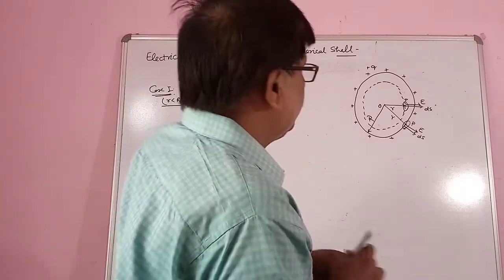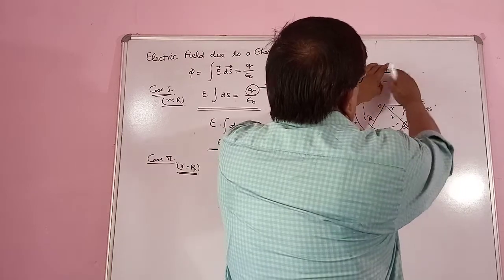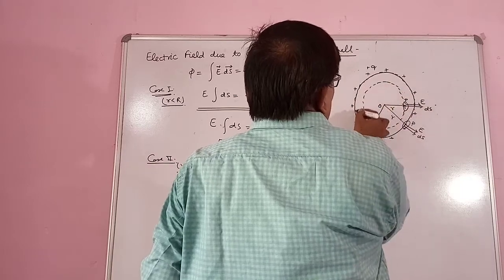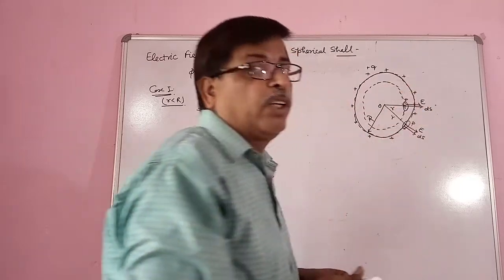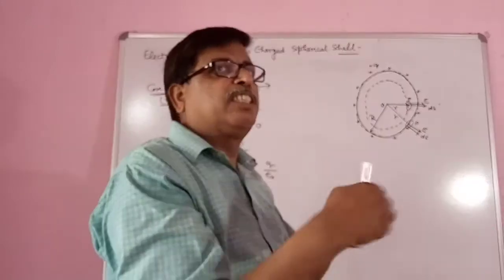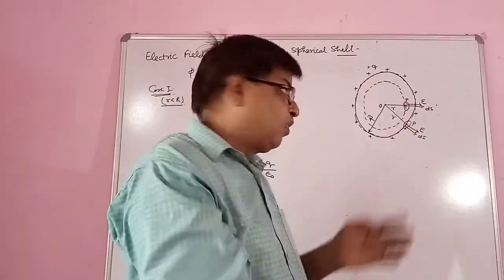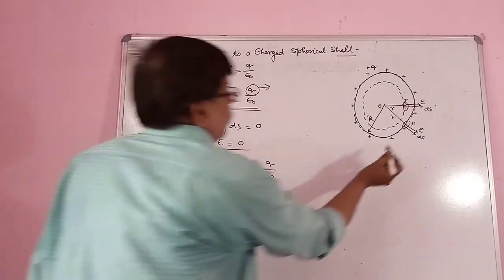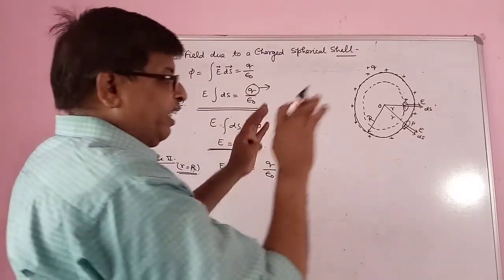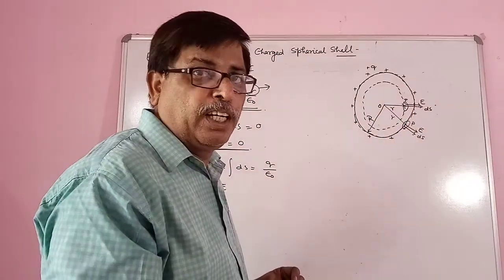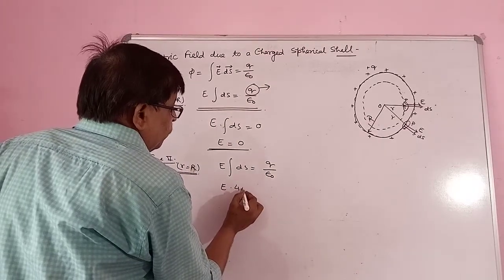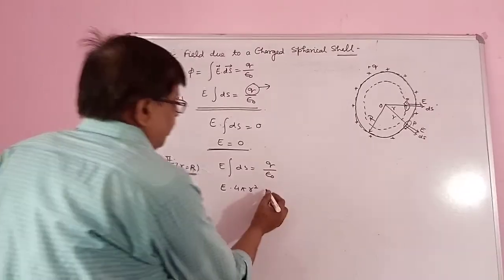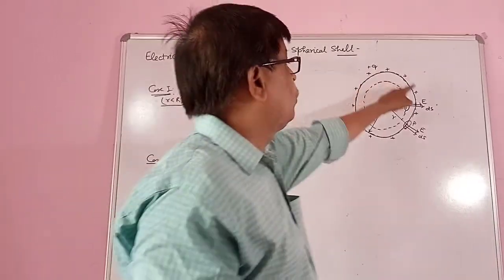Now our Gaussian surface is the total sphere. The surface of the sphere is considered as the Gaussian surface. So when we integrate E dot ds, we get the total curved surface area of the sphere, which is 4 pi r square, equal to the charge enclosed by the surface.